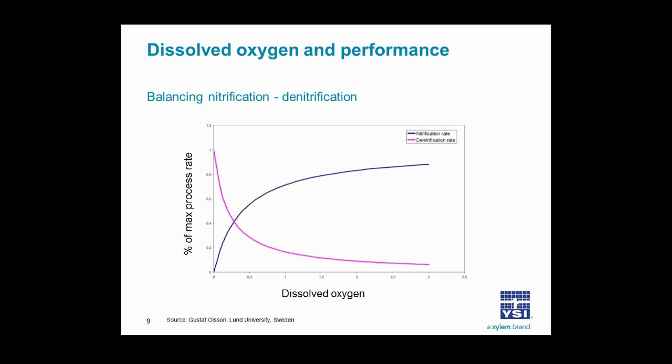It's very similar to the last chart, and so it increases with DO concentration. But the magenta line, which is the denitrification rate, is new to this chart, and it shows that a higher dissolved oxygen concentration actually reduces the denitrification rate. So by maintaining too high of a DO concentration, you can also compromise denitrification.